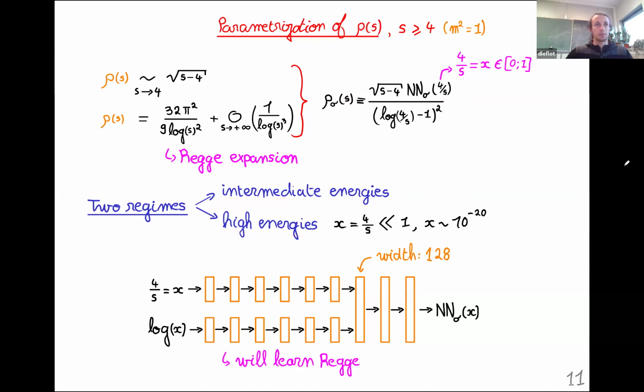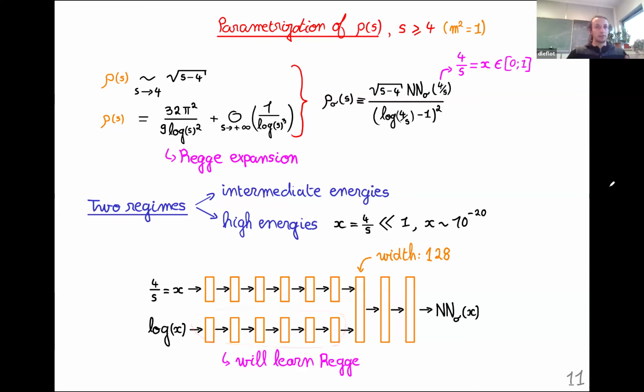And it is in order to accurately describe both regimes that we use this architecture for the neural networks. It takes two inputs, x and log x, and the two inputs are going into two sets of independent layers.